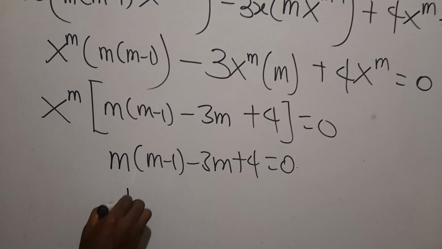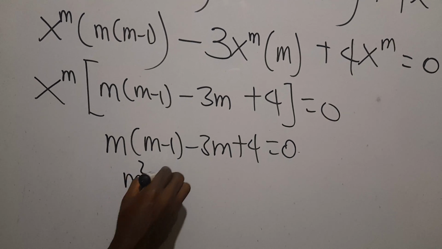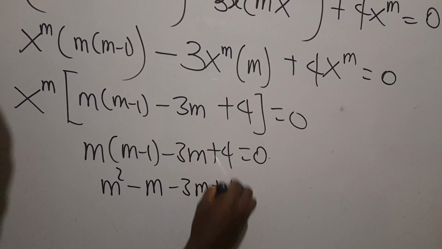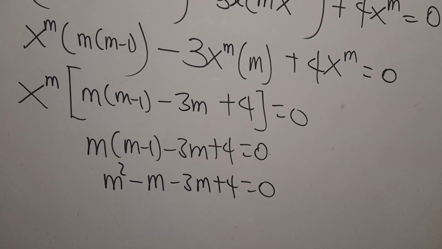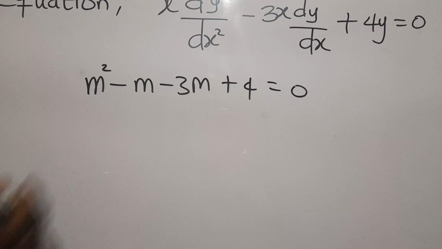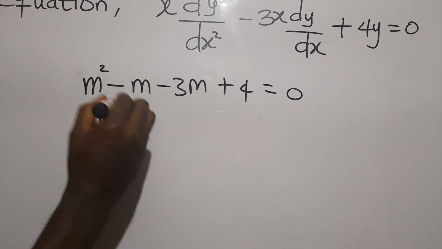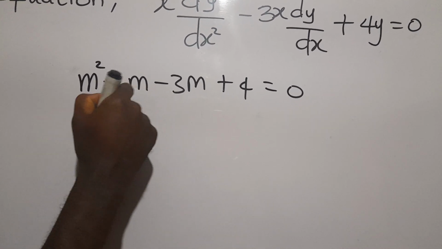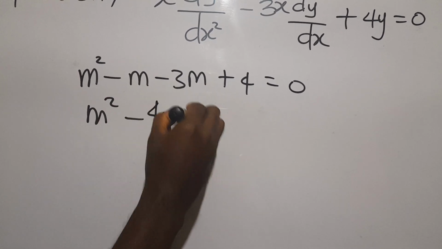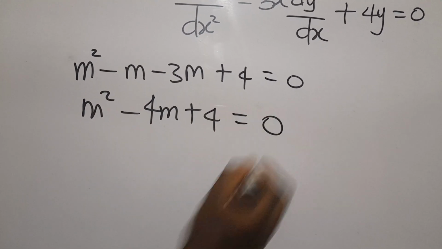Expanding, we get m² minus m minus 3m plus 4 equal to 0. Simplifying, m² minus 4m plus 4 equal to 0.